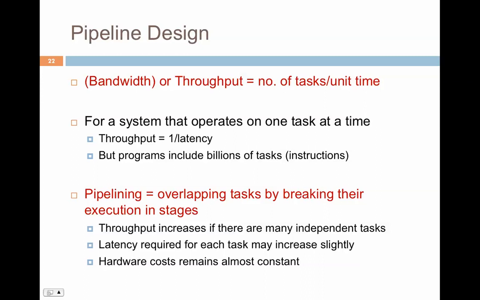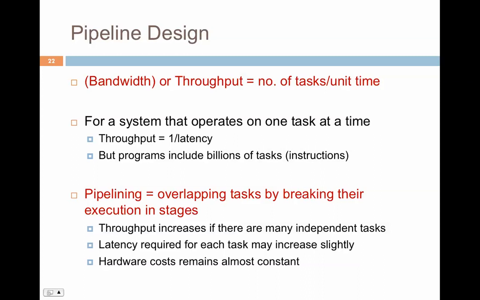The hardware costs mostly remain constant. That is, the amount of combinational and sequential logic required to implement the pipelining components doesn't change much. So you have this fixed hardware cost, and then you break this down into smaller chunks. And the more chunks that you have, the higher the bandwidth or throughput.